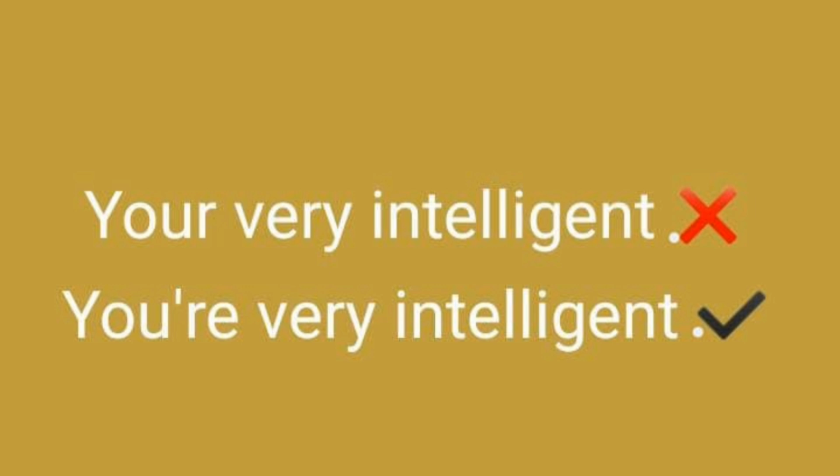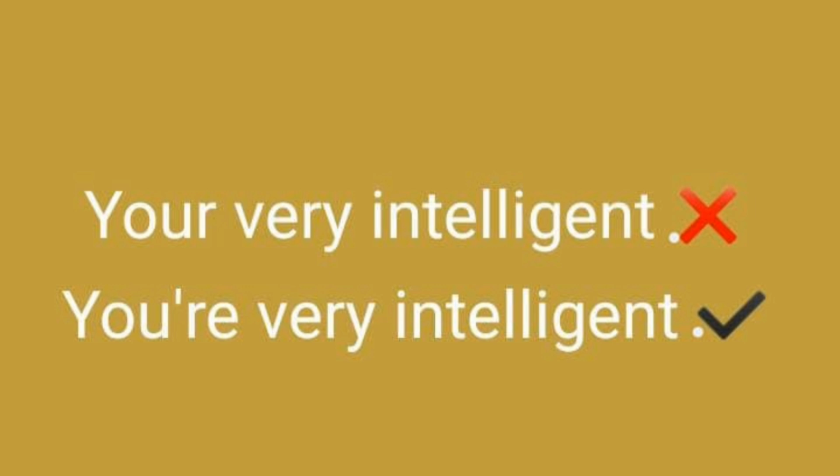Now let us move on to the second common mistake. The second mistake is confusing "your" and "you're." Many people write sentences like "your very intelligent." This is incorrect. The correct sentence is "you're very intelligent." The reason is simple.